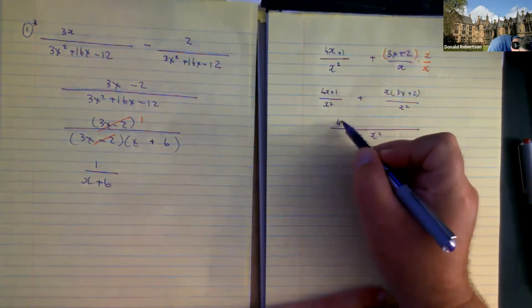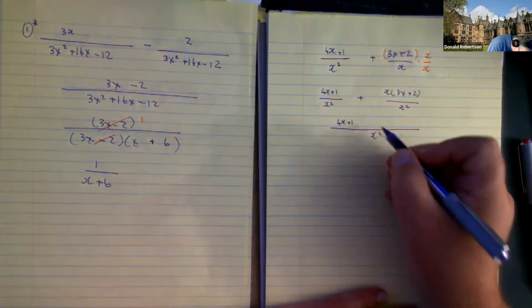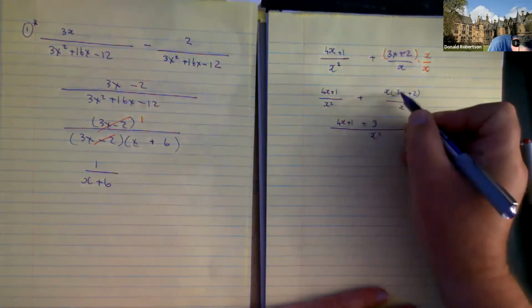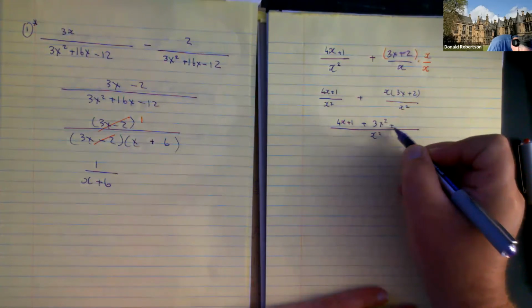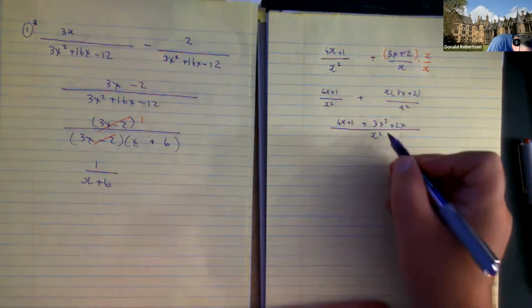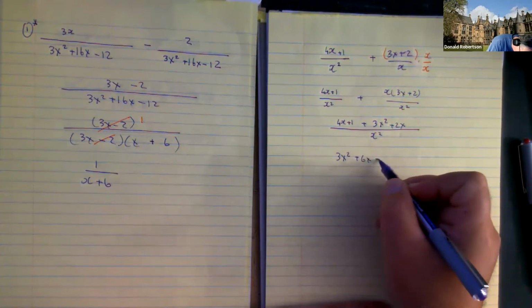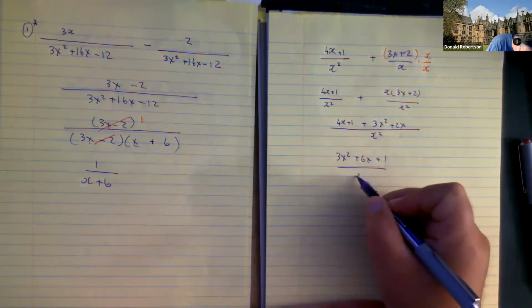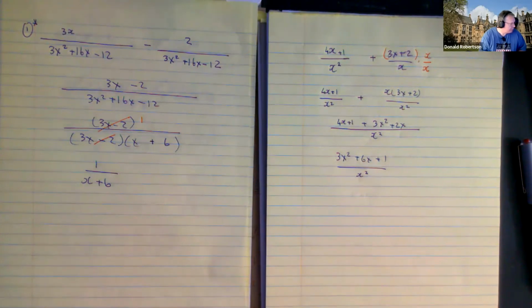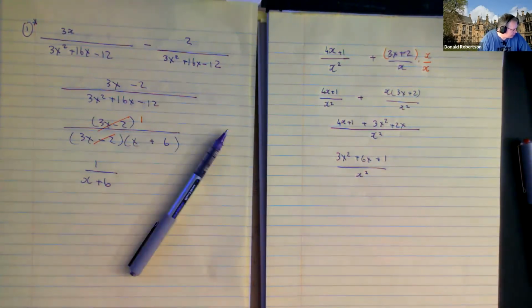So what we have now is 4x plus 1, plus, distributing, 3x squared plus 2x. Combine the like terms, and we're finished. There's really nothing else to be done in that case.